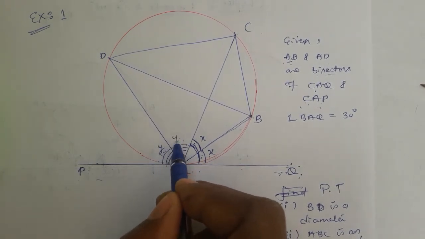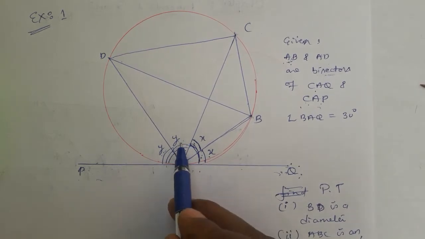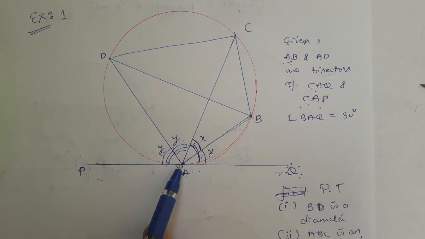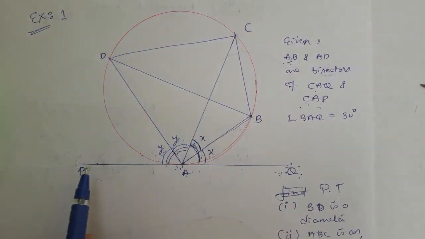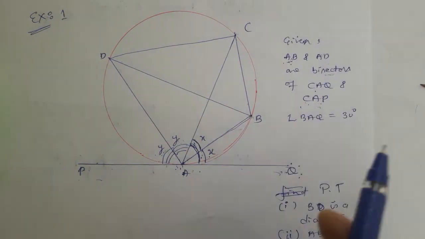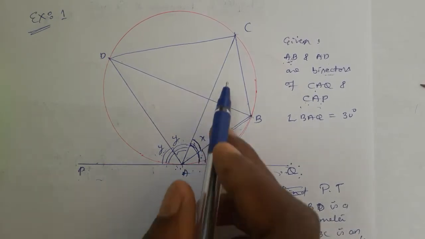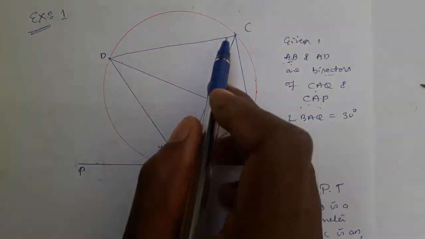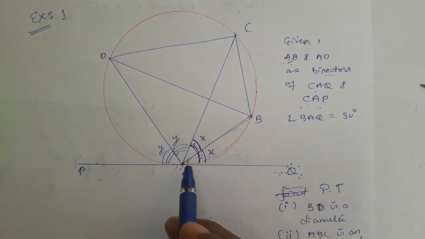I mark them as Y and Y. This is Y, and this is also Y, because it is given in the question that AD divides CAP into equal parts, that is, bisects. AB divides CAQ equally, AD divides CAP into equal angles.